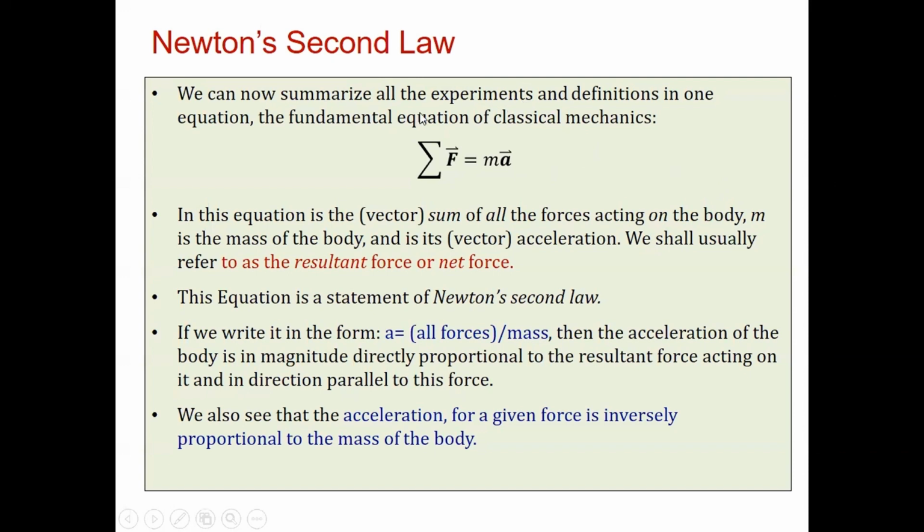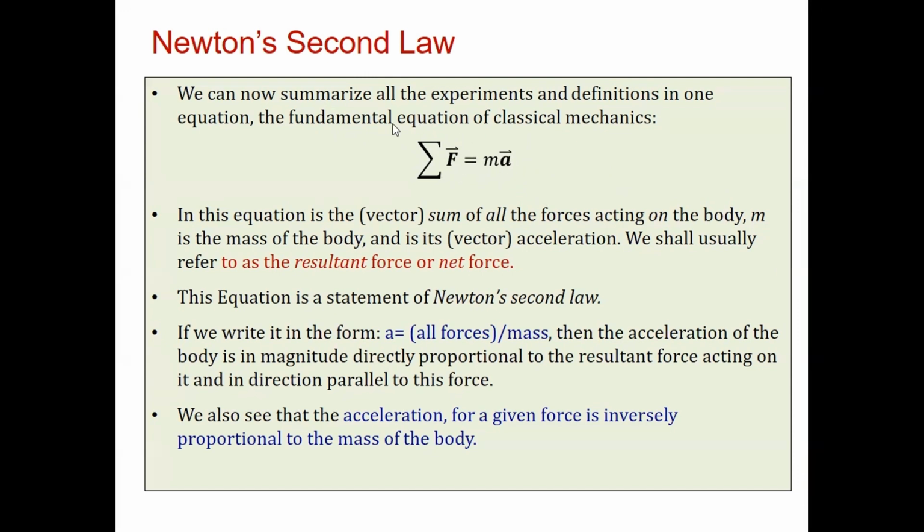The summary of the experiments and the definition in one equation has become the fundamental equation for classical mechanics, and it is saying that the vector sum of all forces acting on a body which has a mass m is equal to mass times the vector acceleration a.